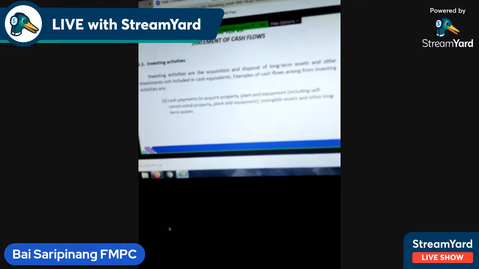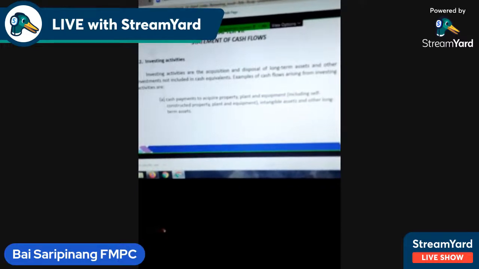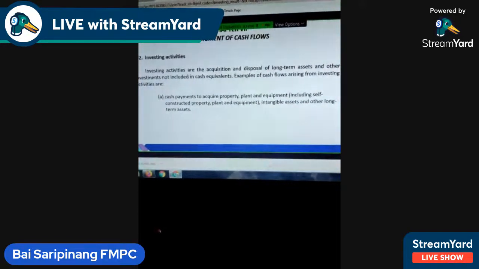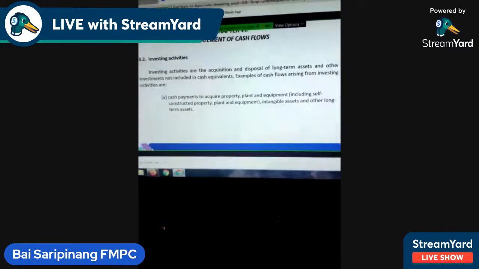Now, the other type of activity in the cash flow is what we call the investing activities. And these are the acquisition and disposal of long-term assets and other investments not included in cash equivalents. Now, we have some samples here of investing activities. An example of this is cash payment to acquire property, plant, and equipment.